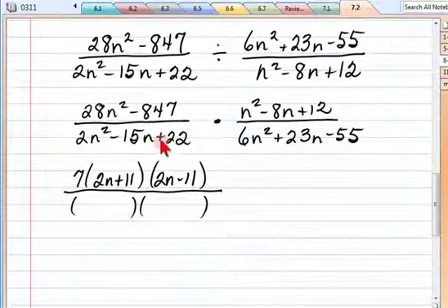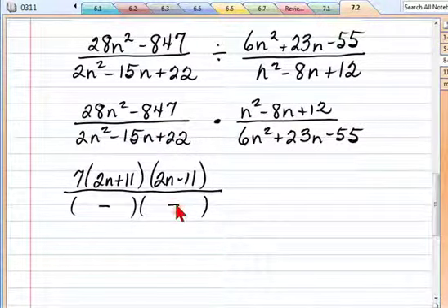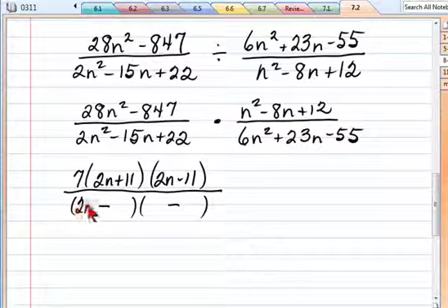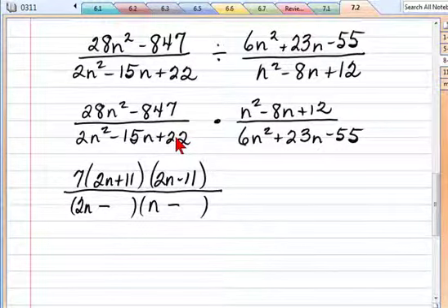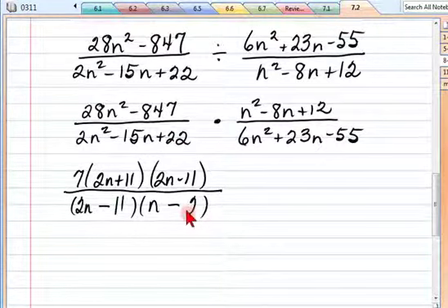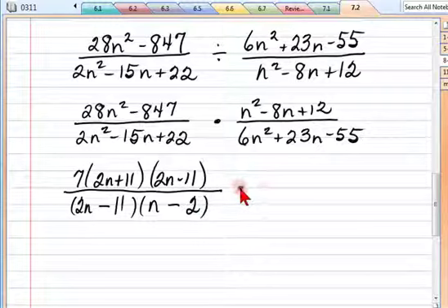It shouldn't be too bad because that's a plus, which means both factors are minus minus. I know one of them has to be a 2n and one of them has to be an n. I need factors of 22. What do you think I'll use? 2 and 11. 11 and 2. Check them. They're right. I have the answers written right here. It's called cheating.